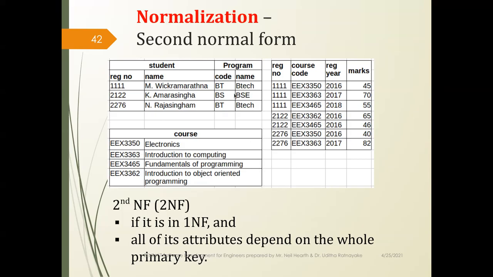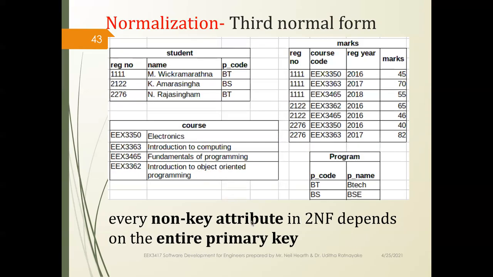Okay, now BTech name is also not dependent on this one, if all the attributes depend on the whole primary key. Third normal form: every non-key attribute in the second normal form depends on the entire primary key.